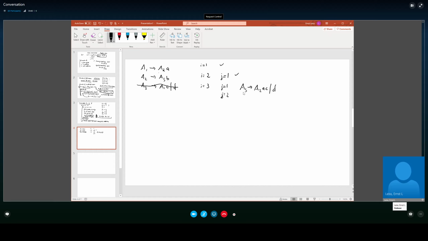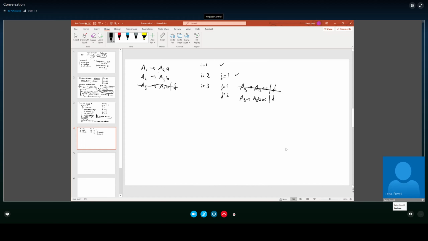And so what that means is now we have to replace this A2 by whatever A2 produces on the right-hand side, which is A3b. So we get A3 goes to A3b, followed by little a and little c, and we have d. So we get rid of these two productions and we replace them by those two.